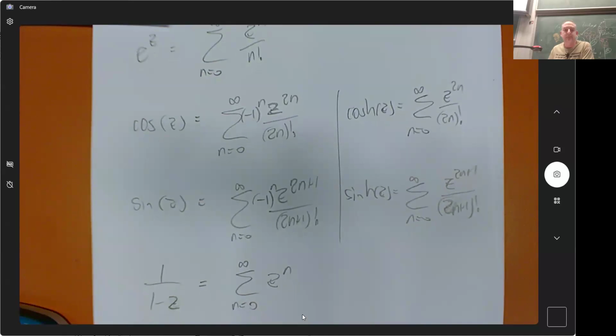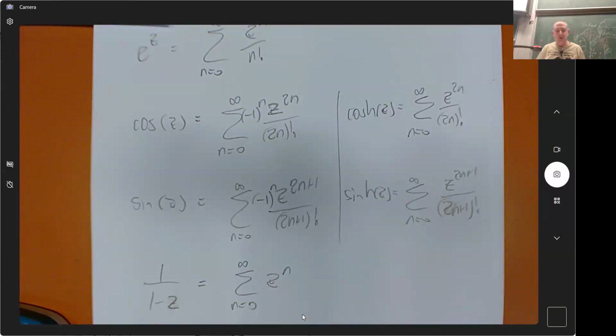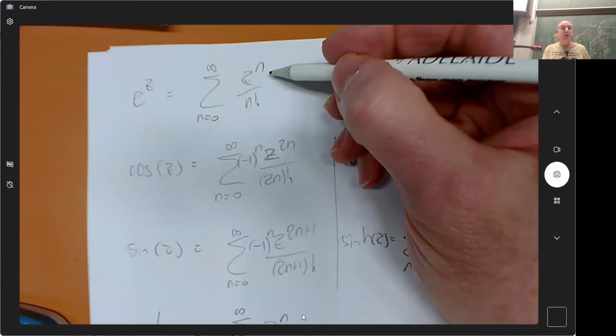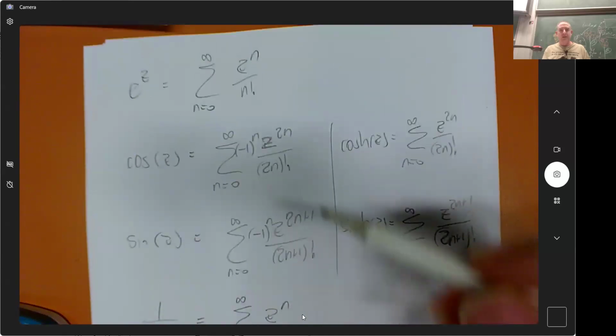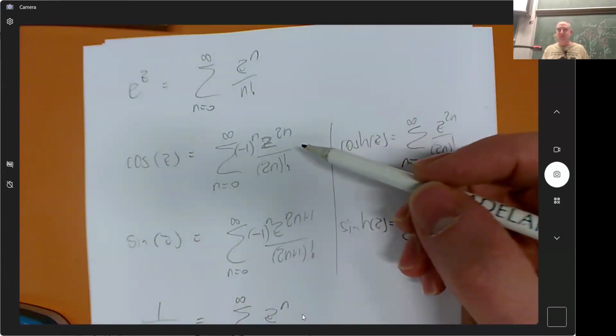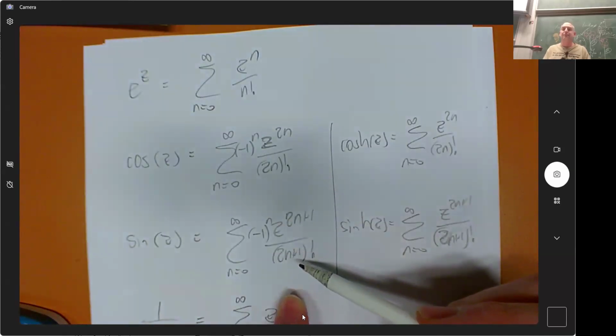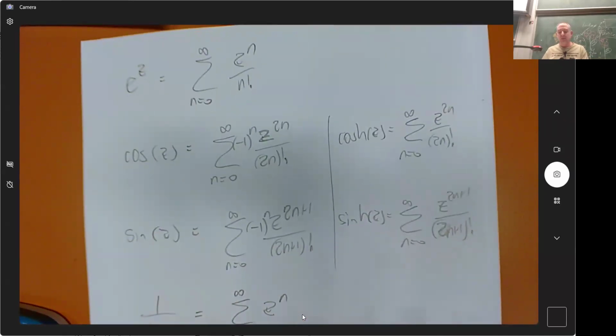Which is interesting because you didn't live in a land where you had to remember them in the past. But they are ones I've shown you. I can just remember this one, and this is a geometric series. And this one I showed you how I remember it, which is as well as the even ones for cos and the odd ones for sine. It has to be a 2n plus 1 so that when you sub in 0, it comes out to 1.